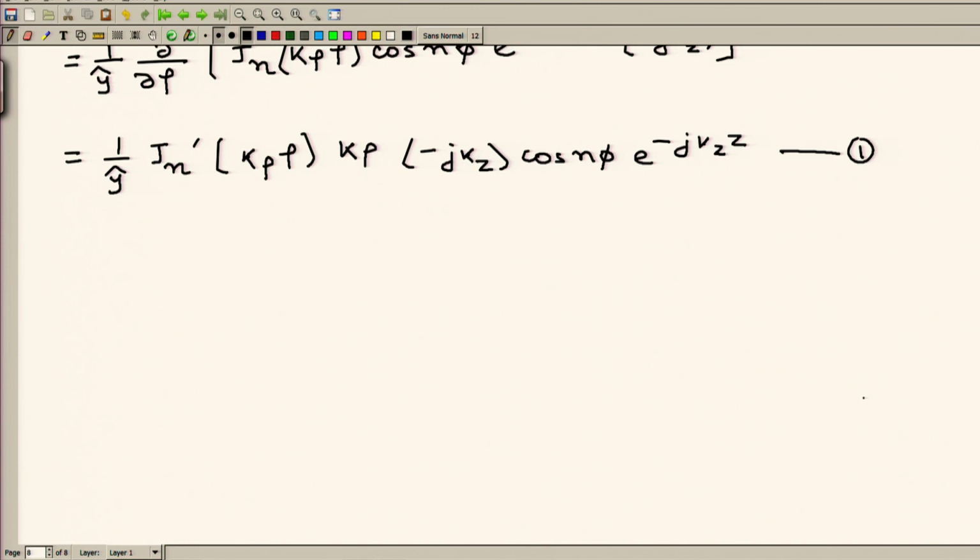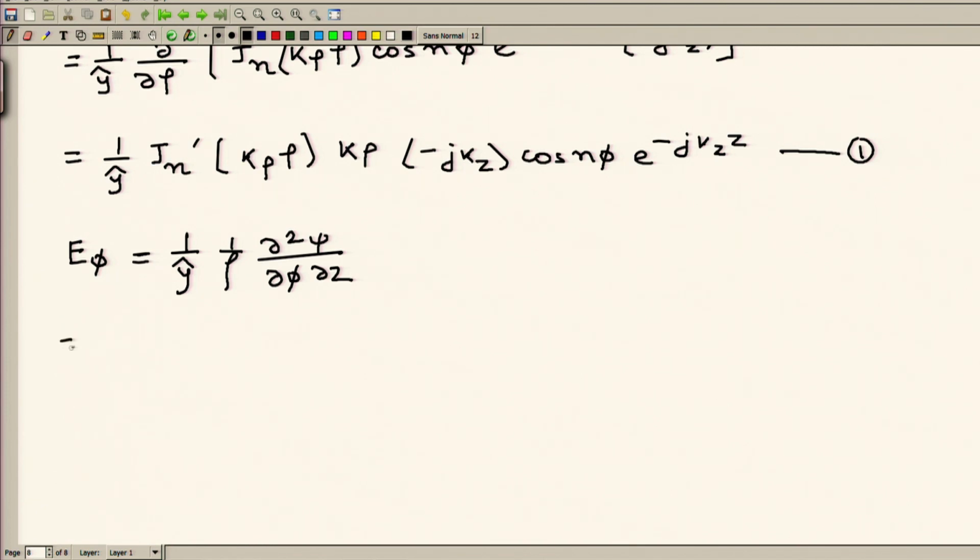Now, again E phi. We had previously E phi for TM modes as 1 upon y cap, then 1 upon rho del square psi upon del phi del z.